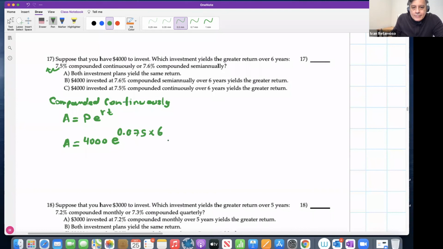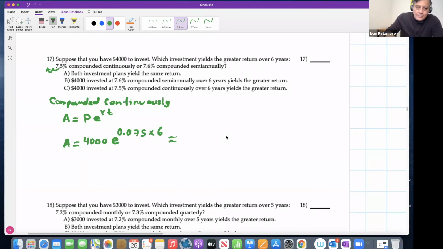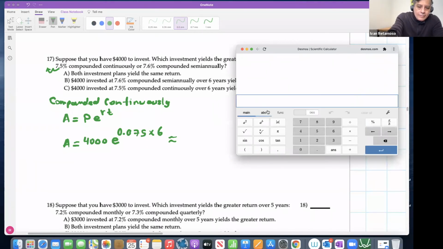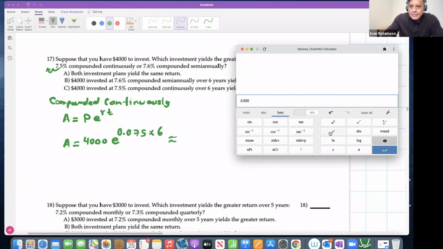So let's do this. If I go to my calculator, 4,000 times E function, E raised to 0.075 times 6, within parentheses. Great, I got 6,273.25, right? So let's write it down.